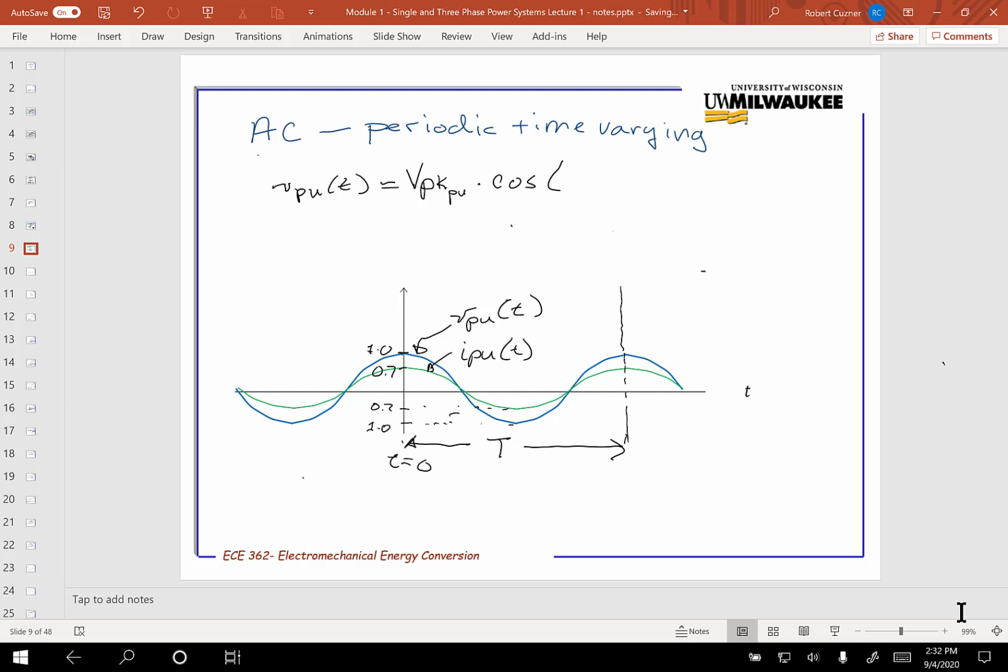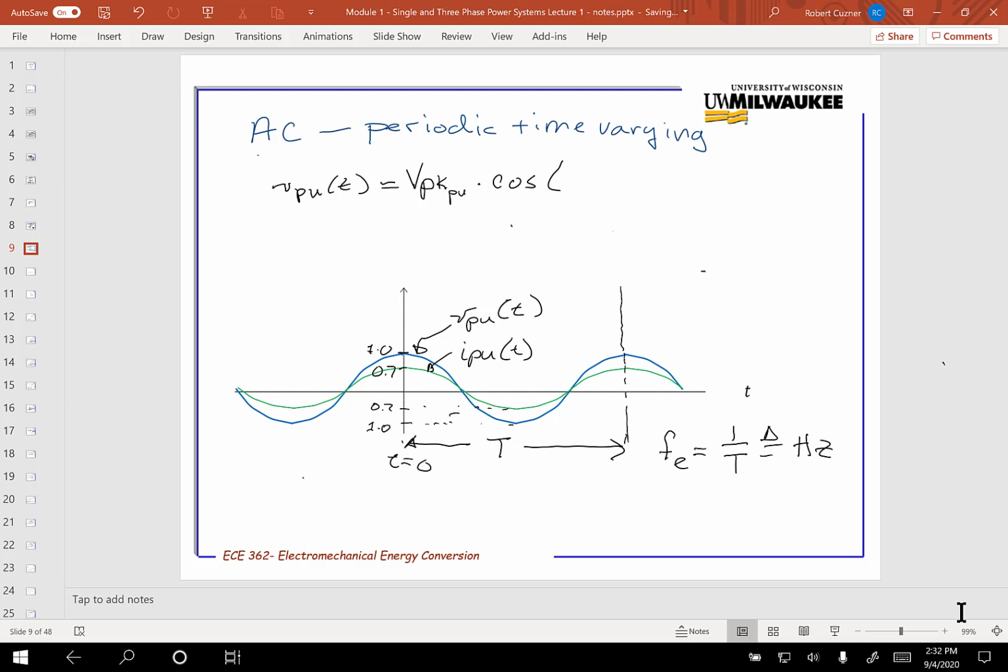Well, this is a periodically repeating waveform, so the frequency at which it repeats we'll call F sub e, electrical frequency. That's 1 over T, and that's in units of hertz.